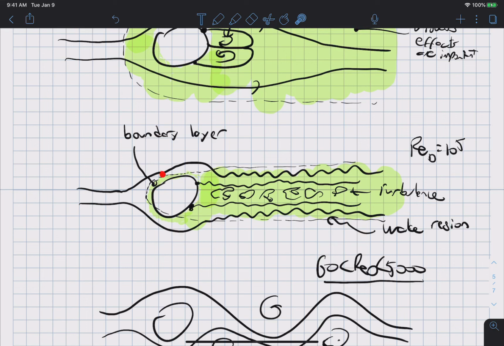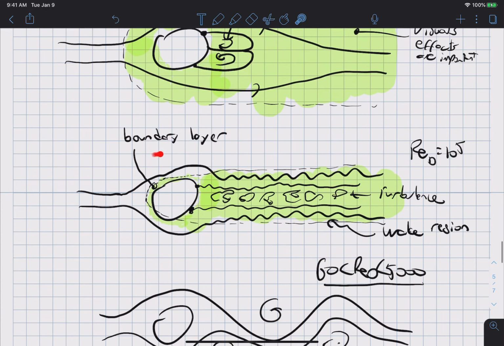It is very thin relative to the diameter of the cylinder, and only in this region, at least for the front of the cylinder, do you need to consider viscosity. Everywhere else outside of it, the flow is inviscid.